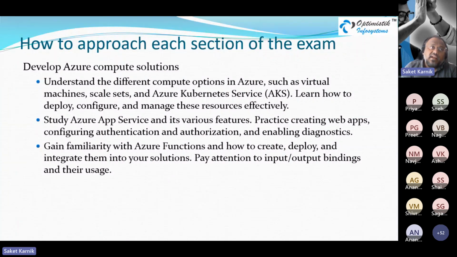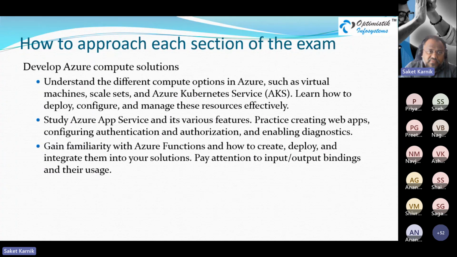I can deploy virtual machines in availability zones. Then the containerized environments. So Azure Kubernetes service will be there. And the basics of containerization. So again, Azure container instances and container registry, that also will be the point of focus. And then how exactly to deploy, configure, and manage these resources effectively.